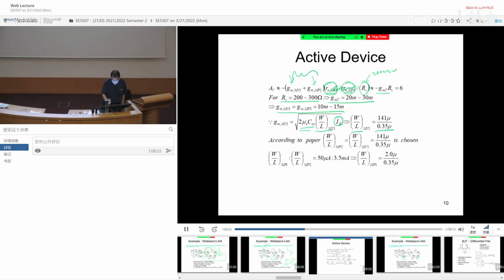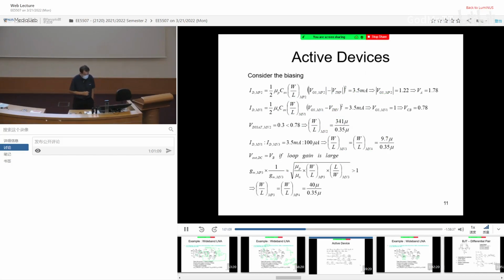I can then figure out what is my W over L. And it turns out with this simple calculation, this sizing turns out to be exactly the same as what the paper has published. Okay, so that is how you reverse engineer to see what is going on. And for the other transistor, because it's a current mirror, the sizing is directly related to the current ratio. So if you already pick MP2 to be this sizing, then MP1 can be obtained accordingly.